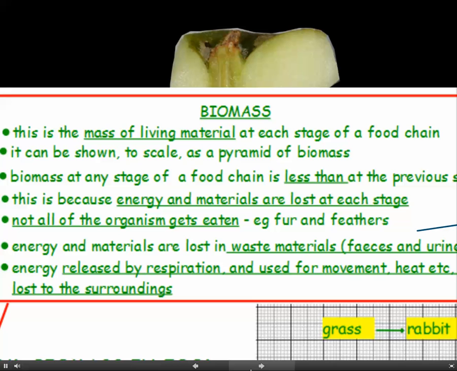Well, not all of the organism gets eaten. So, for example, fur and feathers don't get eaten. So that biomass from that dead fox or that dead bird or whatever doesn't get passed through the food chain. Energy and materials are also lost as waste materials, for example as feces and urine and as CO2.